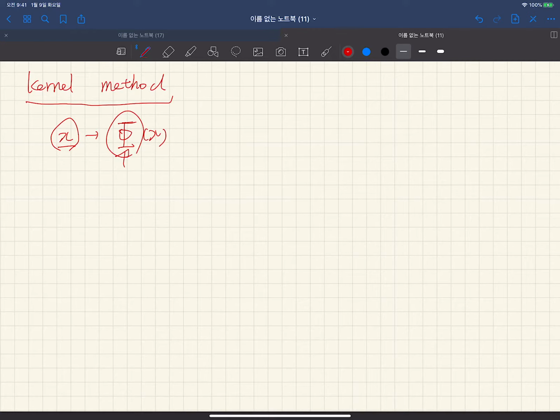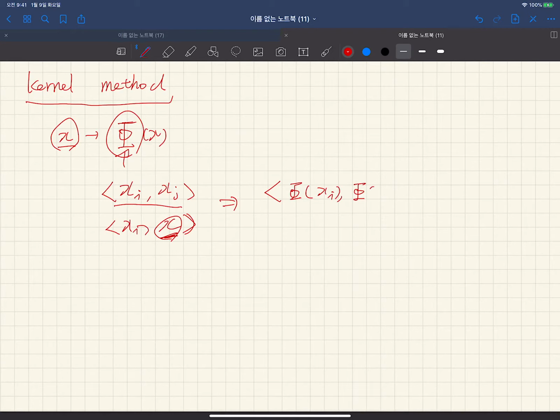Here x is a new input for predicting the output y corresponding to the input x. Using the feature expansion, instead of just the inner product between the original inputs xi and xj, we take the inner product between φ(xi) and φ(xj), which is the kernel value of xi and xj.